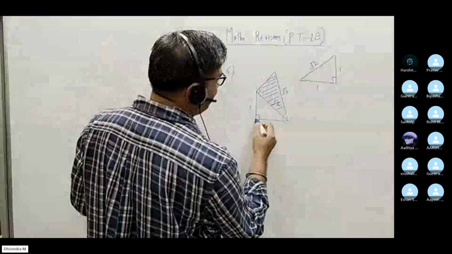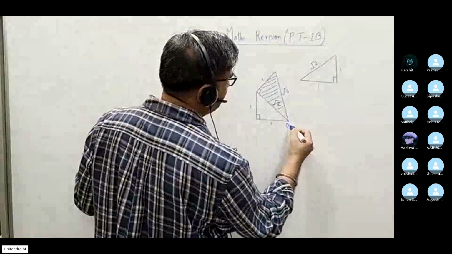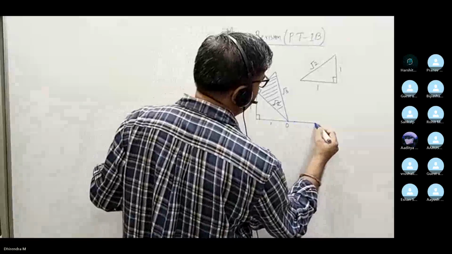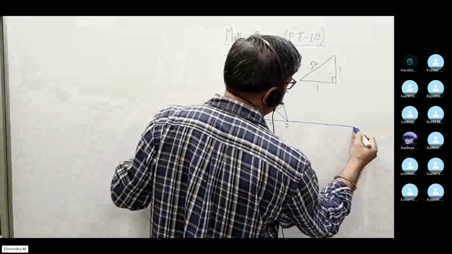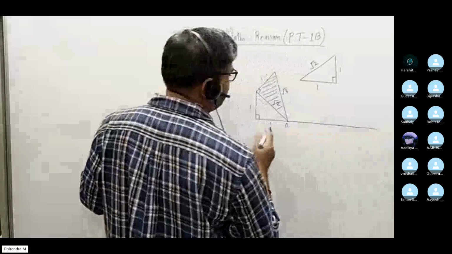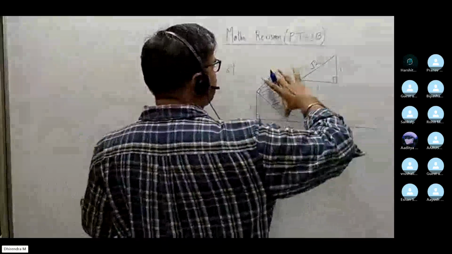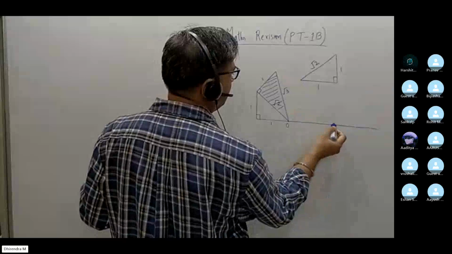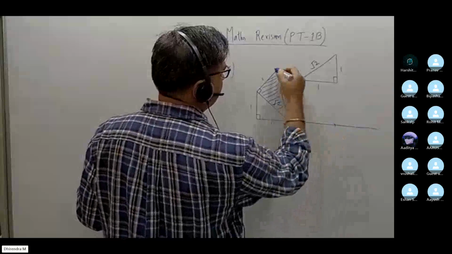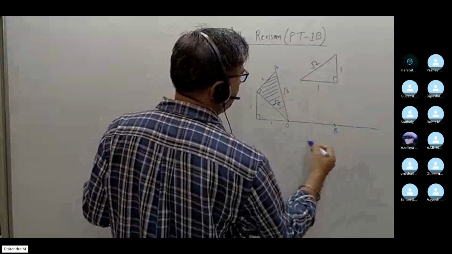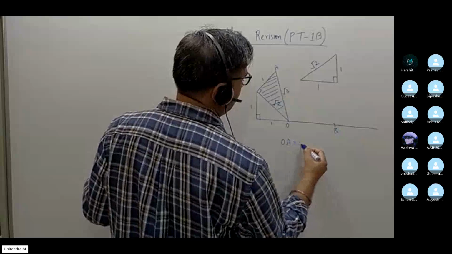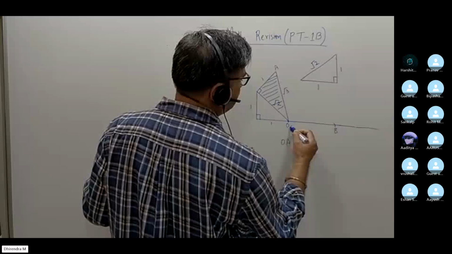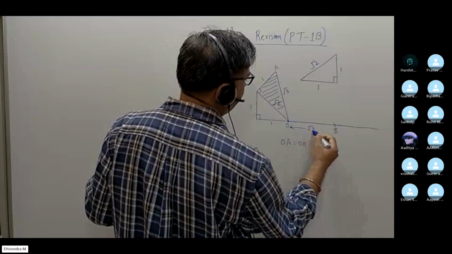Now if I take this as my origin and extend this, don't do freehand drawing, I'm just doing it to save time. This is what we have. We have already got this as root 3. With this as center and this as radius, if you mark an arc here, let's say this is OA and this is OB, and I say OA equals OB, and this is our origin, then is this length not equal to root 3?